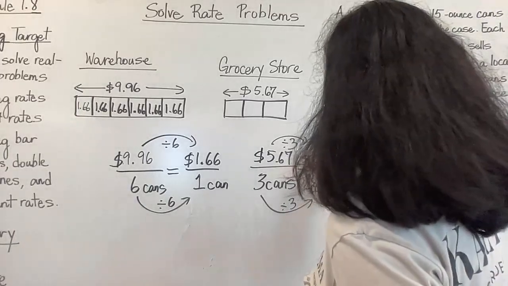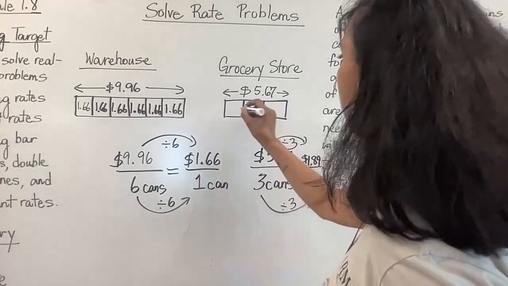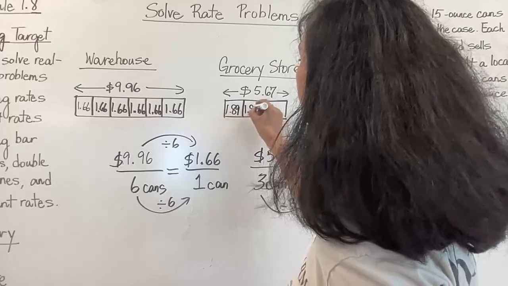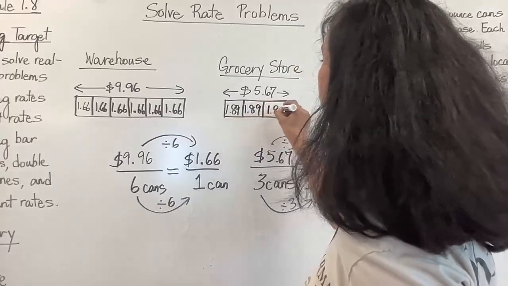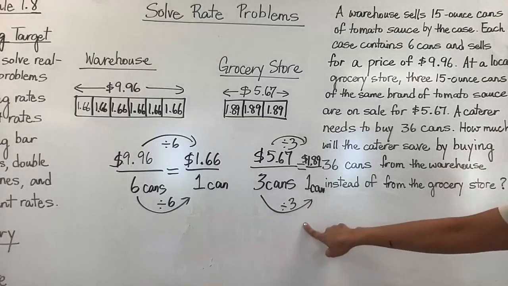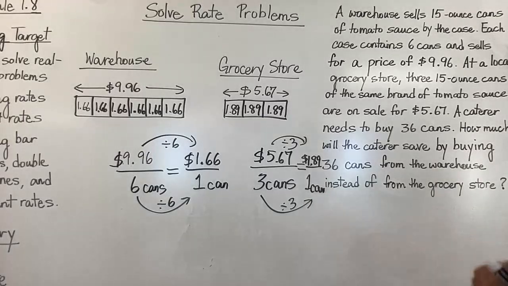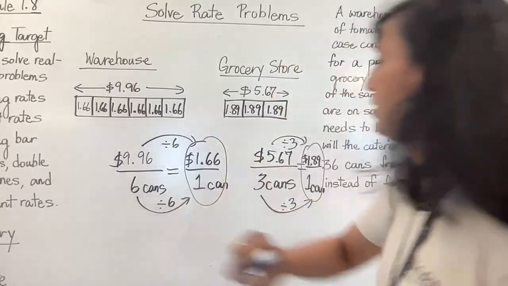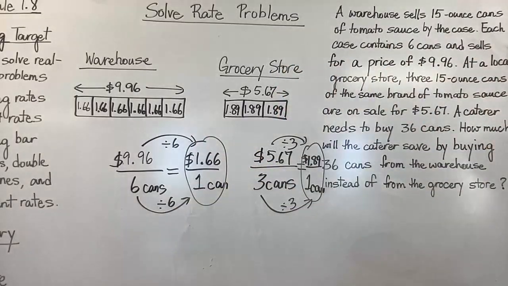So each of these is going to be $1.89, and that's the unit rate. So the unit price is $1.89 per can here. And for this one, it is $1.66 for 1 can.